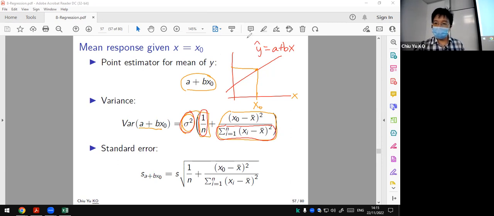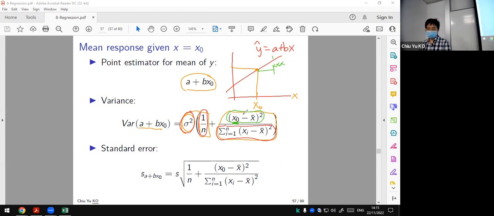One thing I want to highlight here: if the value you want to predict is further away from the mean of your data, your accuracy gets much smaller. That's why the variance is larger. If you're far away, the variance is much higher.